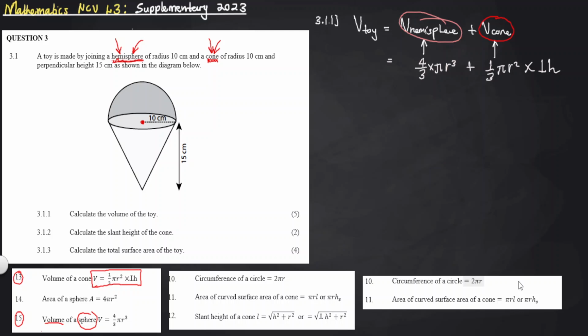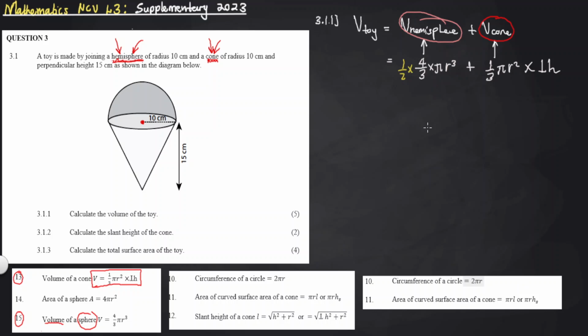But for the hemisphere, we have to take the volume of a complete sphere and multiply it by a half. You can write it like this or just divide by 2, but I think it's much more organized if we say multiply by a half.